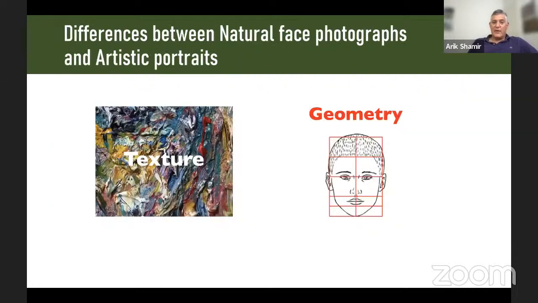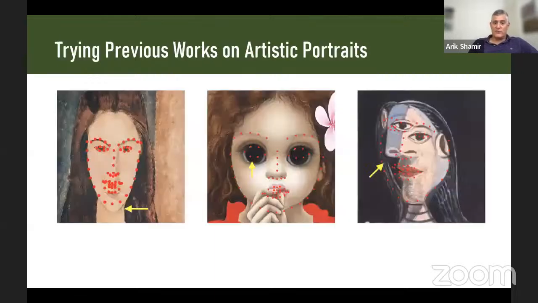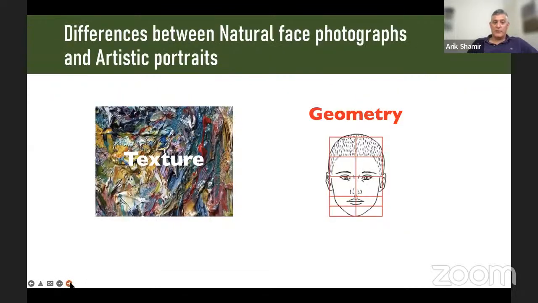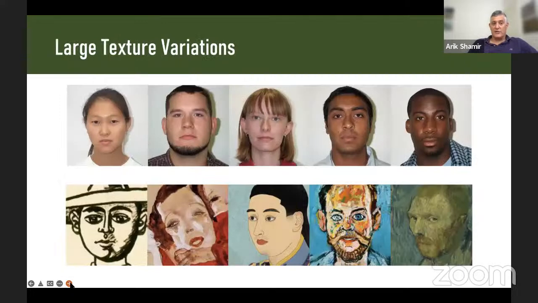So again, the idea was to look at the differences between natural faces and artistic faces and try to bridge the gap between those differences. And again, as I told you, there are large texture variations between portraits that are drawn or painted and portraits that are taken from a camera.